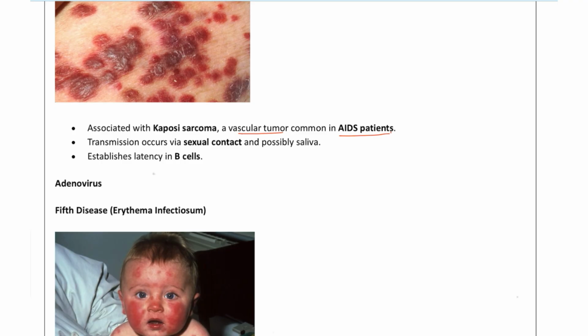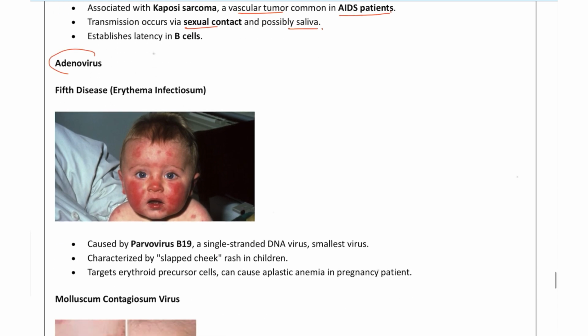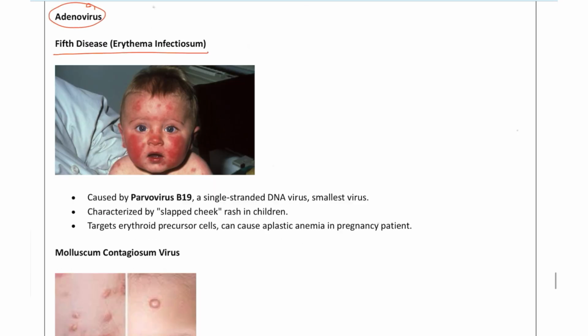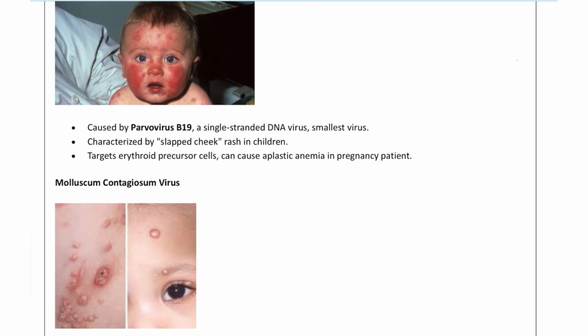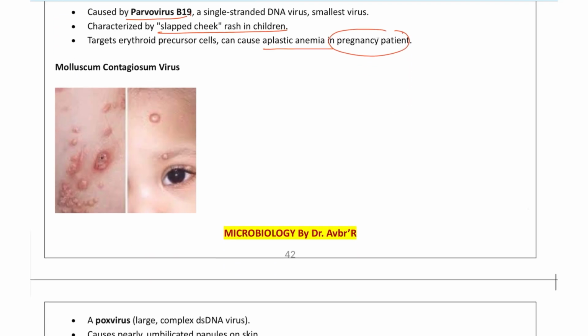Transmission is via sexual contact, possibly saliva. Next, erythema infectiosum, fifth disease, and the common organism is parvovirus B19. It shows the common feature of slapped cheek appearance in children. And if it infects the erythroblast cells, it can cause aplastic anemia in pregnant patients.